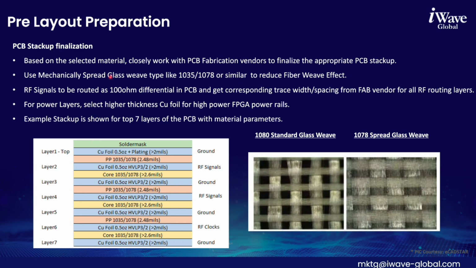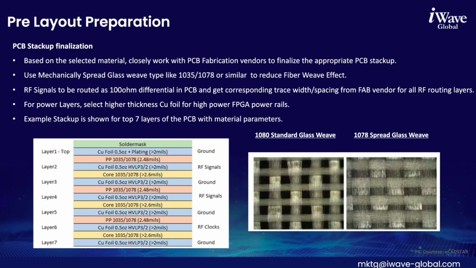And when we ask for the PCB stack-up, we have to request mechanically spread glass weave type material for the stack-up. Examples are 1035 or 1078, similar mechanically spread glass weave types, so that there won't be any fiber weave effect.